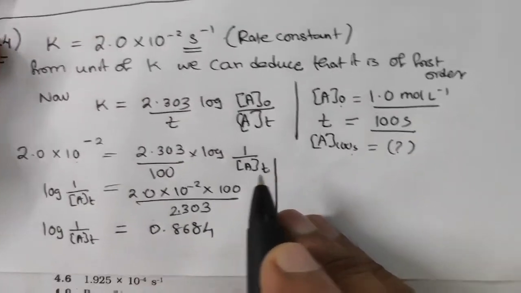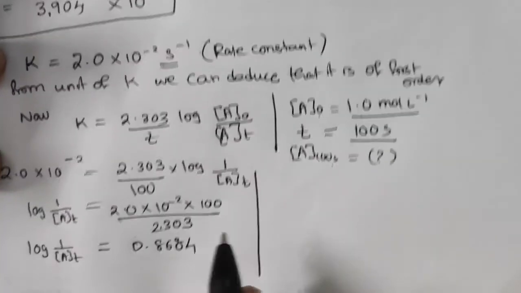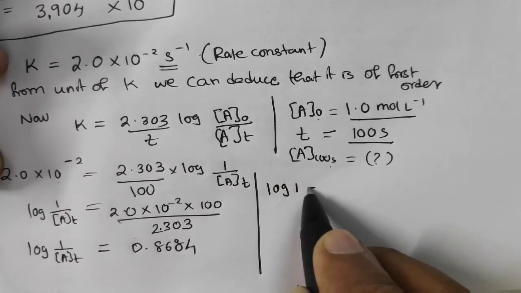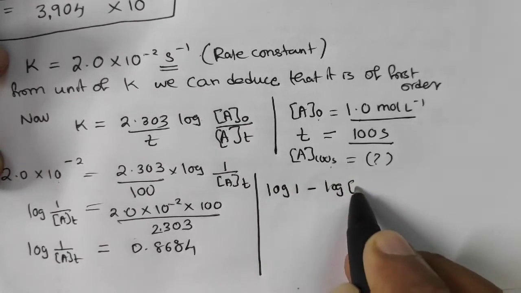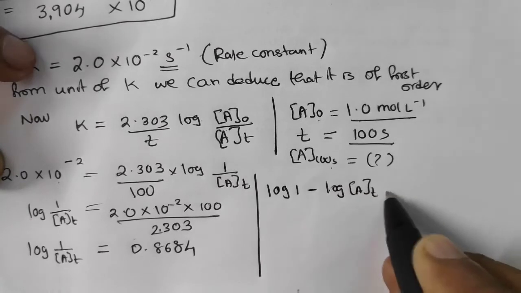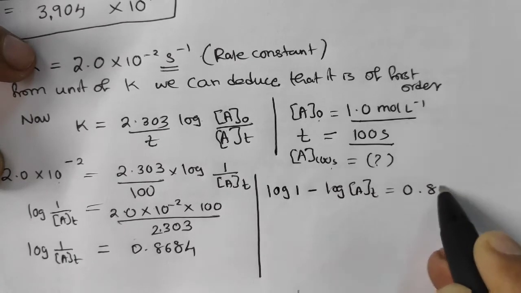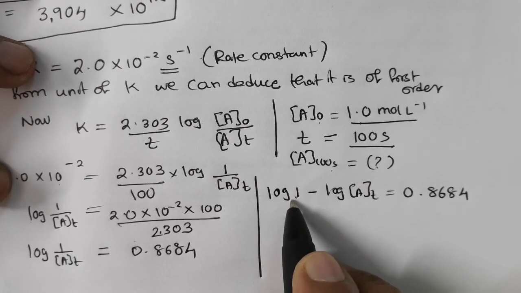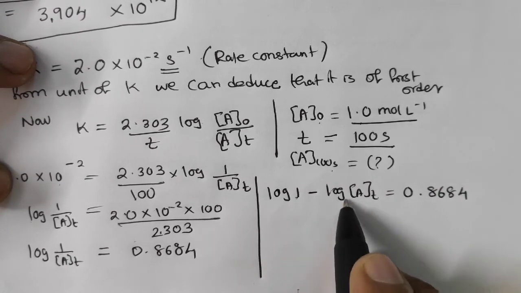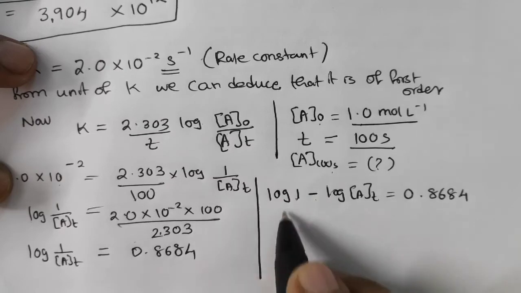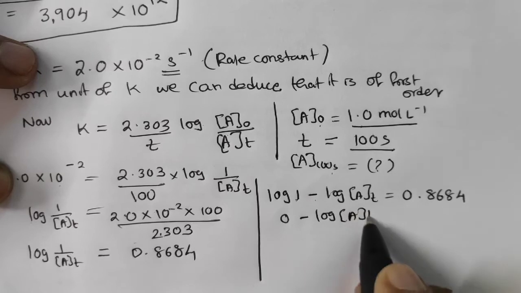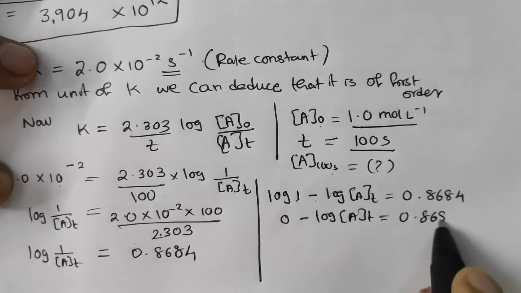According to the identity of log, log 1 by A is log 1 minus log A, which is equal to 0.8684. Now log 1 is 0, and this is minus log A, so minus log A is equal to 0.8684.